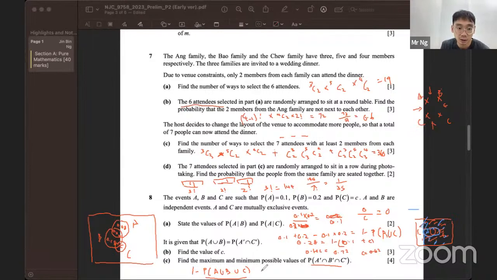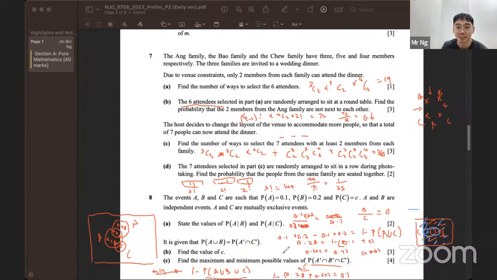Add this up: 0.1 plus 0.18 is 0.28. Then C is pulled out, so plus C, which is 0.62. Then 1 minus that. So the minimum is 0.1.